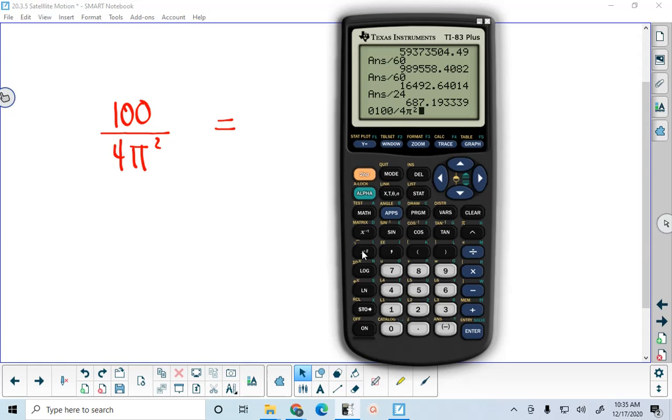If you do this, then you will be dividing 100 by 4 and then multiplying by pi squared. This is not correct. You need to have the 4 pi squared in brackets. And you get 2.53.